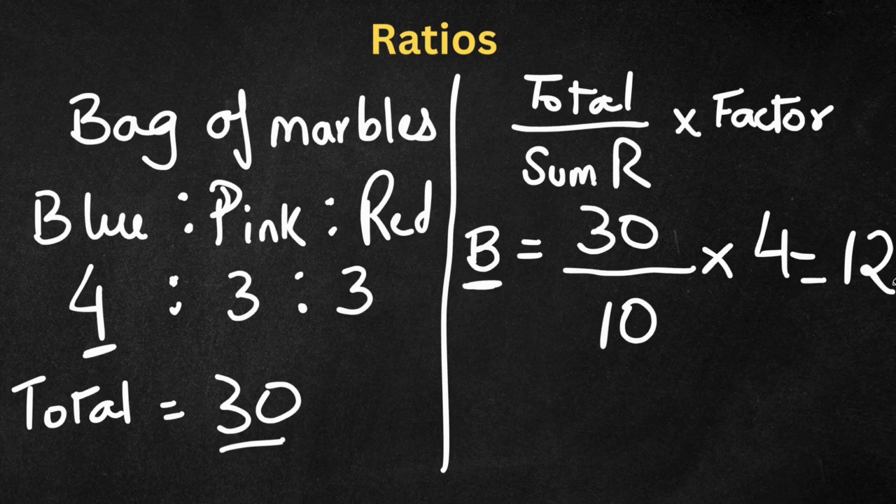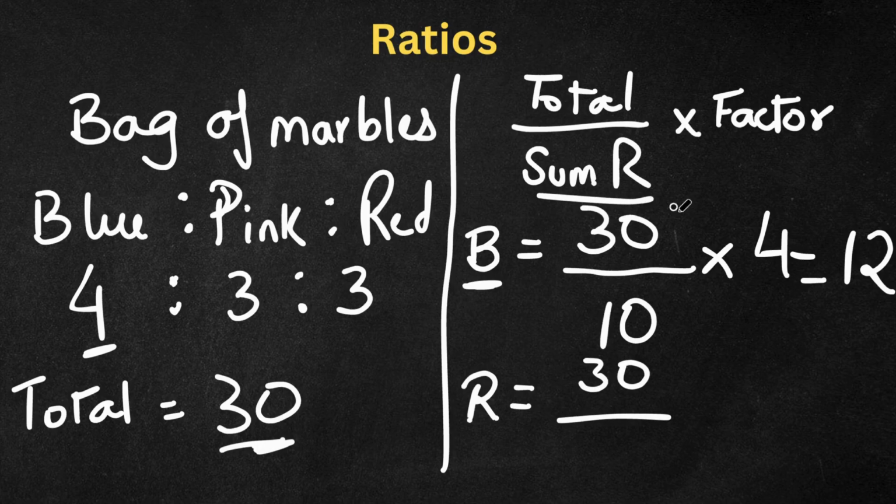Okay, let's try the red one out, right? And if you know how to do it, pause it before you see what I'm going to do. For the rest, let's go on. So what is the total? The total stays the same. The total number of marbles is 30. What is the sum of ratios? It also stays the same. It's 10. What is the factor that we are talking about? We are talking about red marbles.